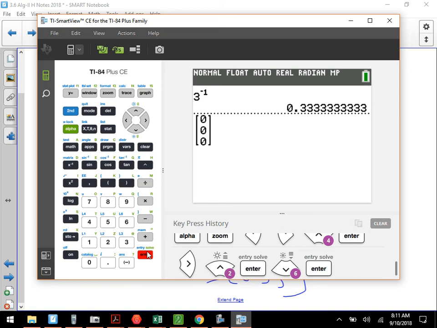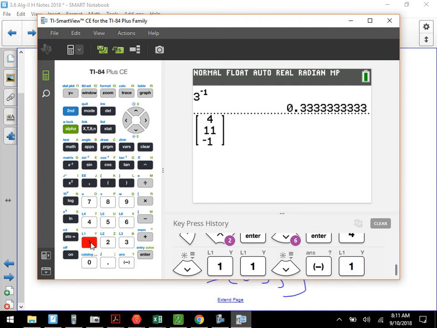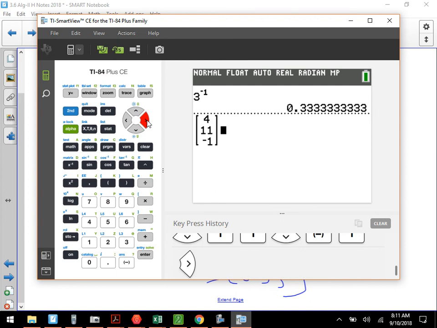It was 4, 11, negative 1. You have to use the negative button, not the subtraction button. Oh, you know what? I think I just did this backwards. Yeah, and then we have to obviously do a 3 by 3.